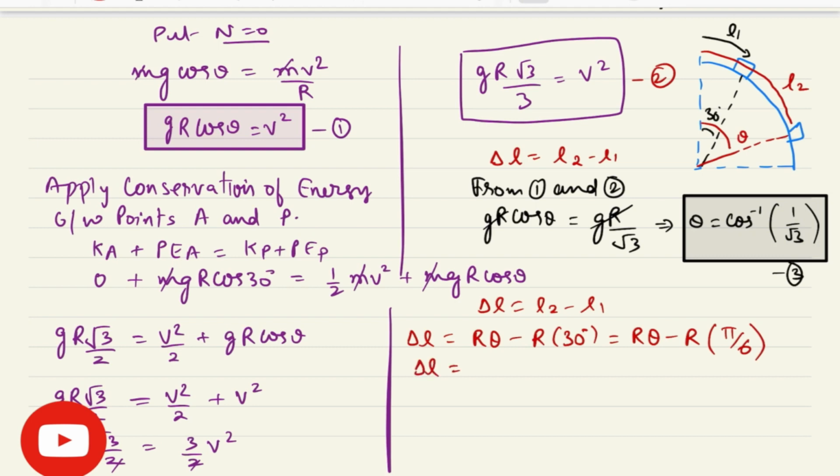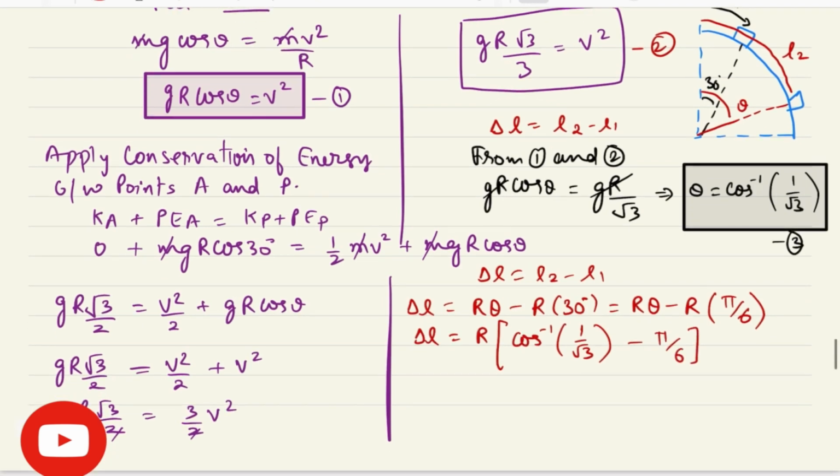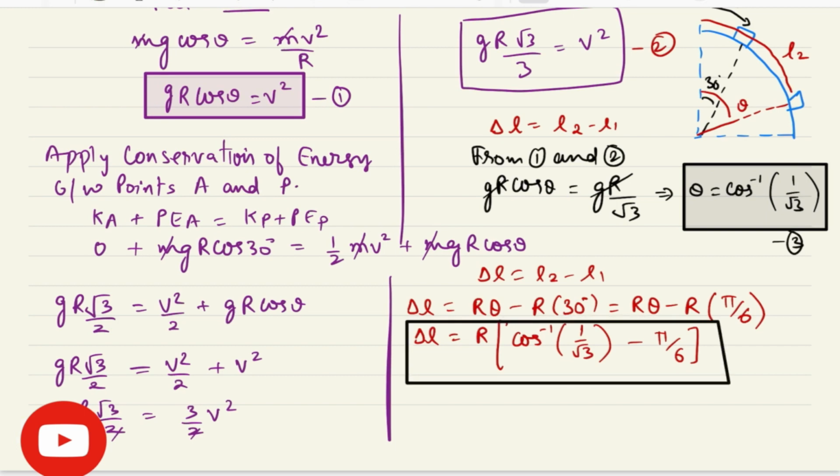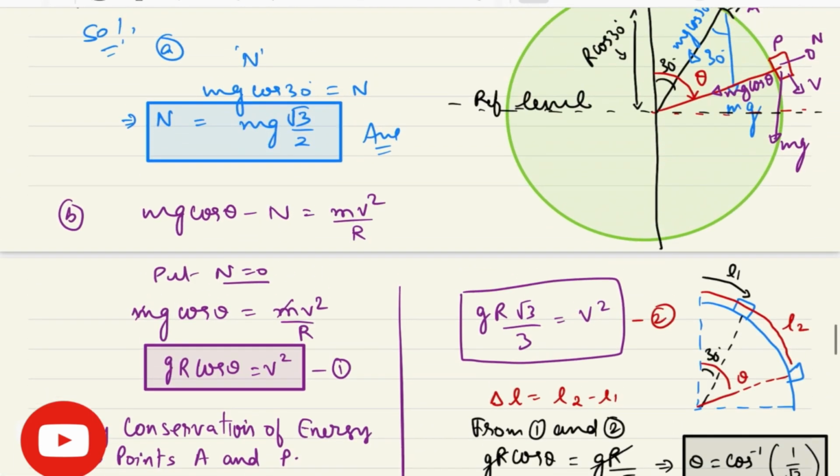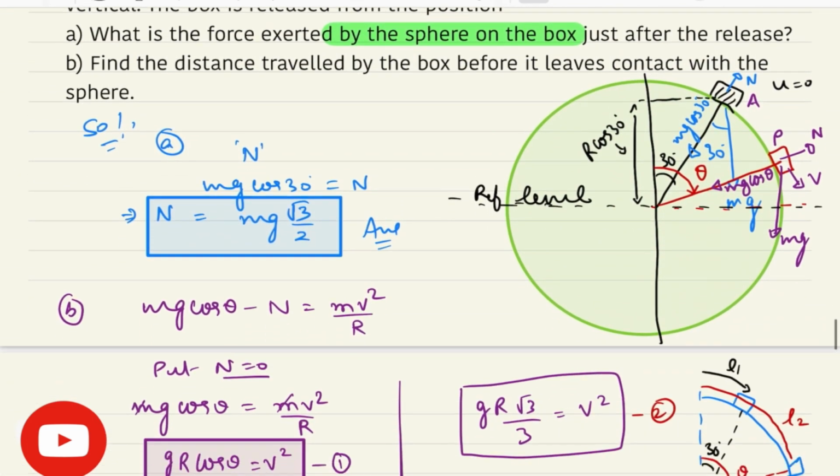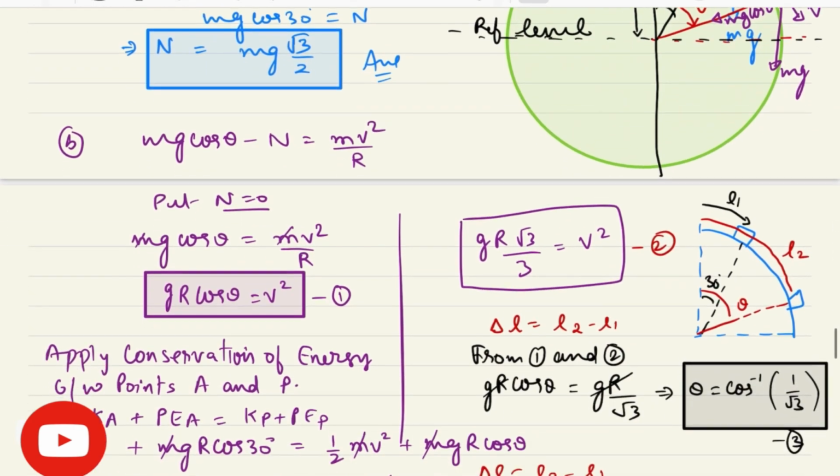So delta L equals r is common, theta is cos inverse 1 by root 3, minus pi by 6. So this is the required answer of the problem. It's a very interesting problem, so you need to practice this problem multiple times to understand the concept behind it.